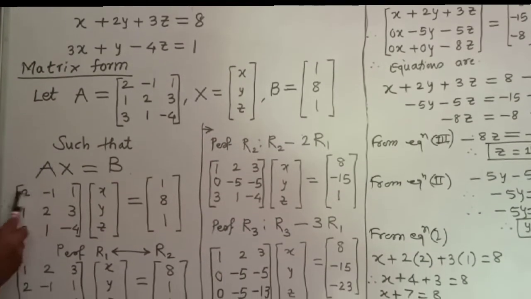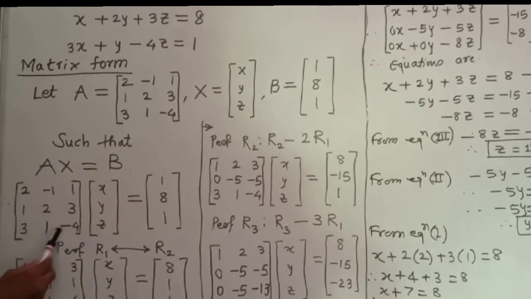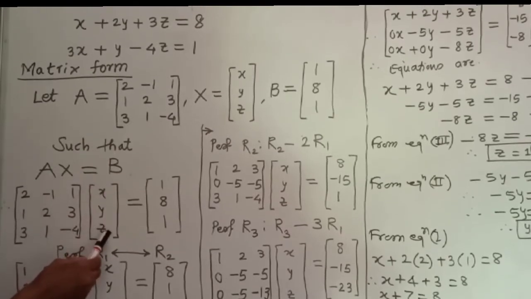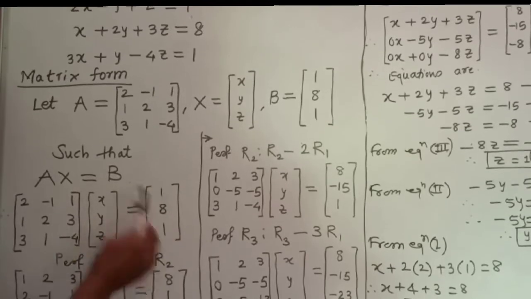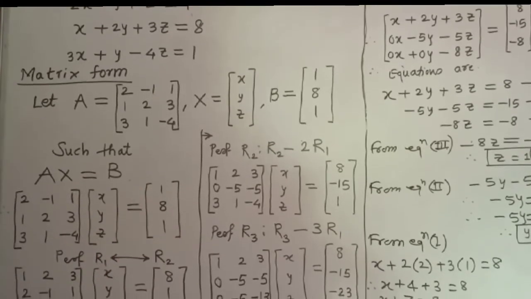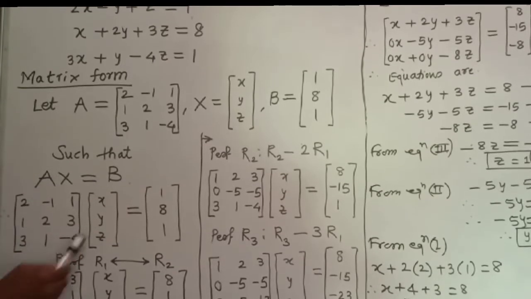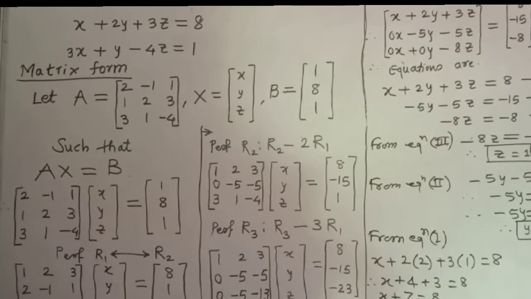Now put the value of matrix A, 2, minus 1, 1; 1, 2, 3; 3, 1, minus 4, into X, that is x, y, z, which is equal to B, the column matrix 1, 8, 1. Now in this method, we convert this matrix A into an upper triangular matrix or a lower triangular matrix.